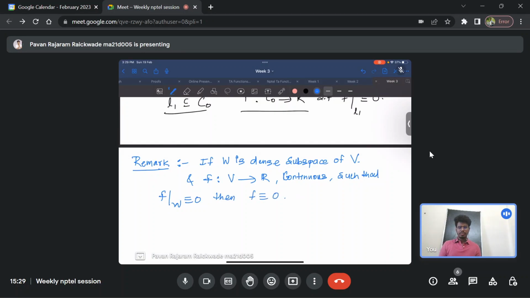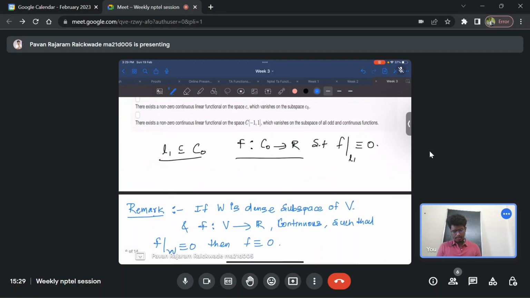This is the theorem you can use here. Remark: try to prove this theorem. We have proved something similar before in the current video. So here the question is, is L1 dense in C0? That's the question.